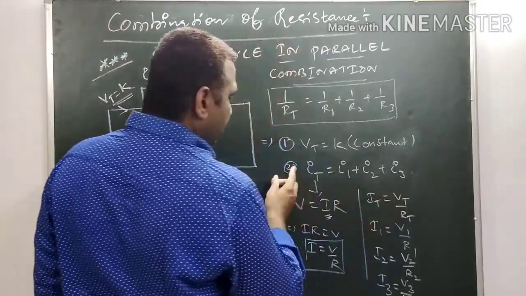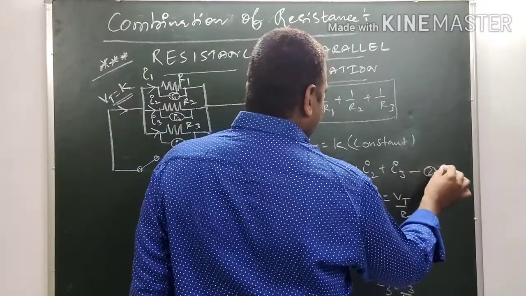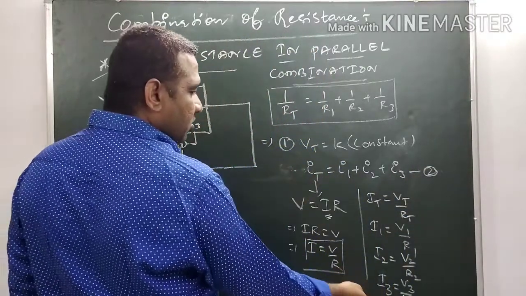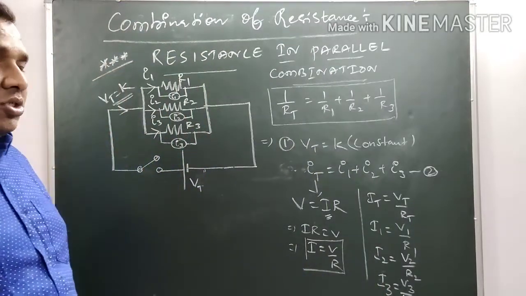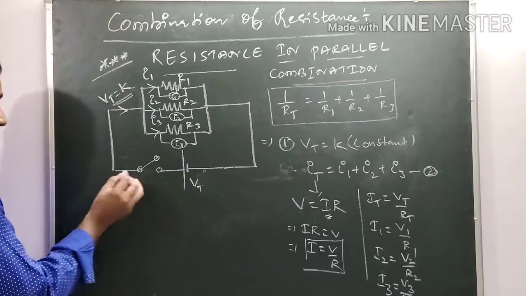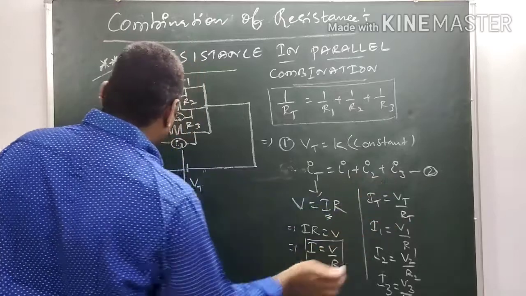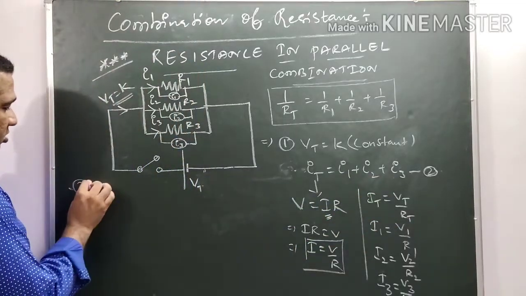Now we will substitute these values in the equation. Treat this as the second equation, right? So now we will substitute those values in the second equation. The second equation is from the total current: It is equal to I1 plus I2 plus I3. So that is the second equation here.